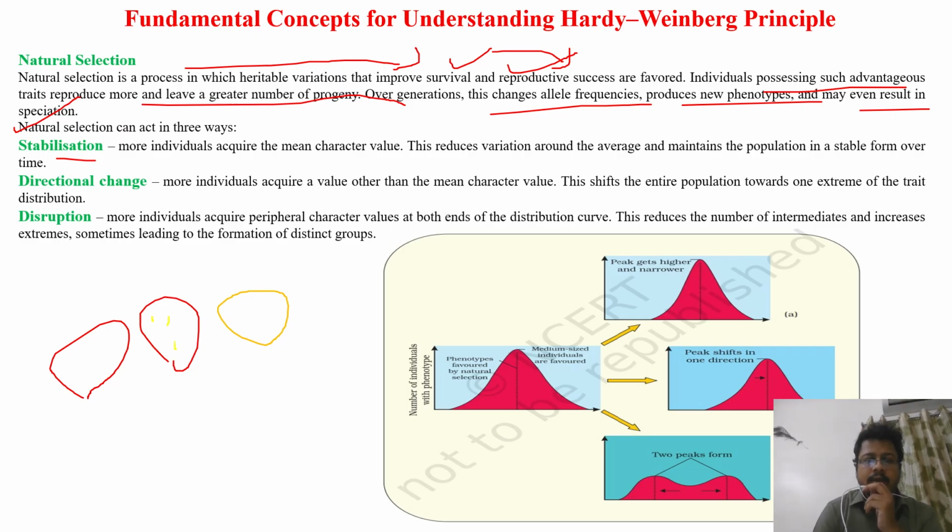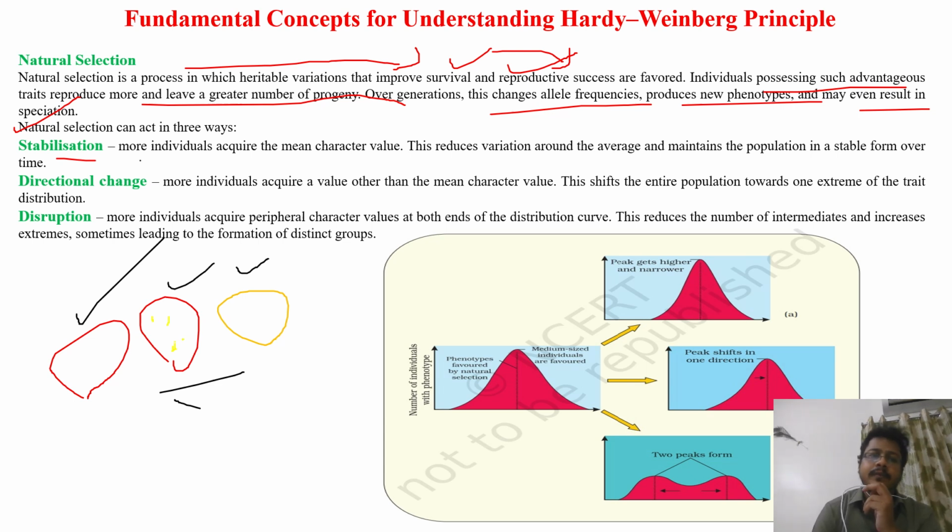Suppose this middle population carries the average of this population and this population. If this population is favored, this type of natural selection we call stabilization.